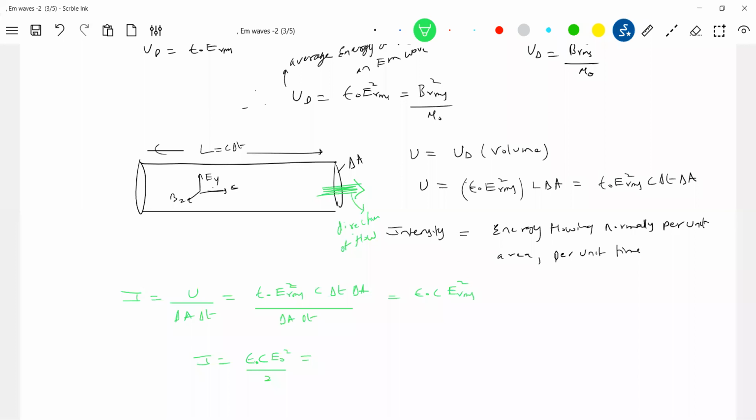Or if you are expressing in terms of C B naught squared by 2 mu naught, this is the expression for intensity of the EM wave. Okay, I agree. So whether E naught or B naught, whichever is available, take help of that and you can predict here.